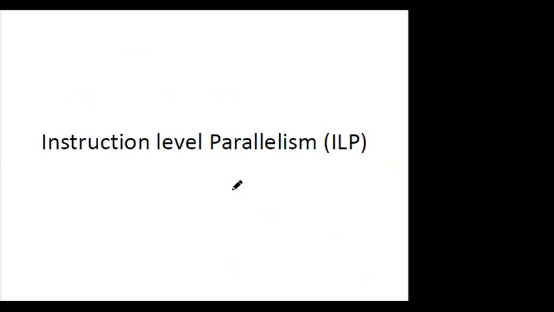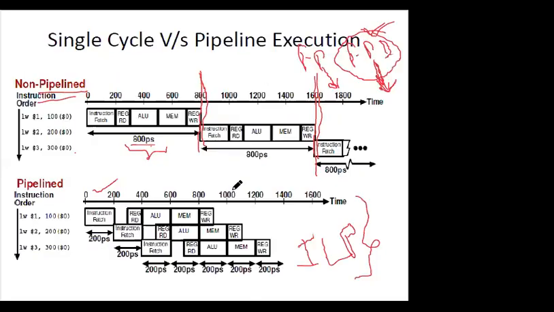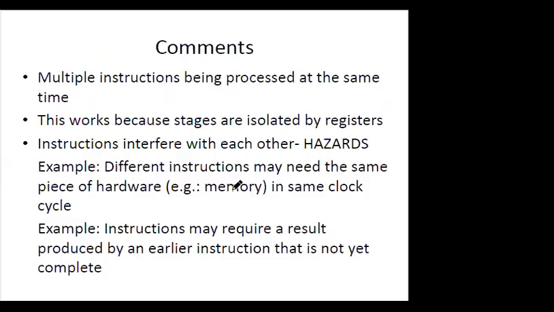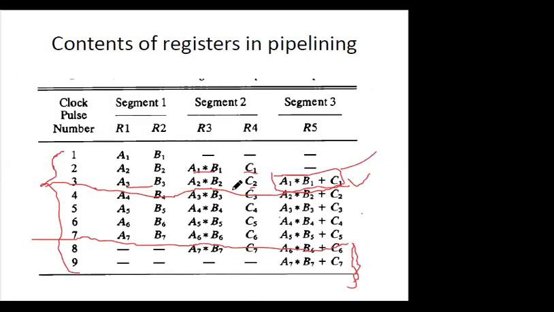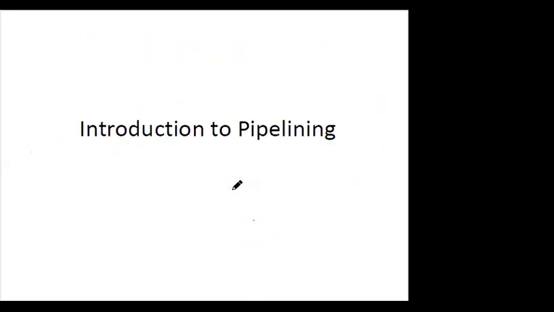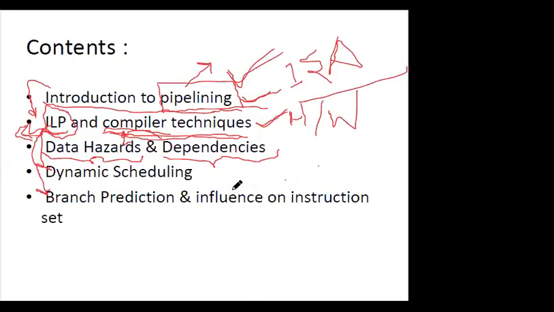So instruction level parallelism is nothing but an implementation of the concept of pipelining in our system architecture to carry out instructions simultaneously on a processor and to reduce the time taken to execute a particular cycle of process. In the next lecture, we will discuss instruction level parallelism, ILP. We'll start with the concept of ILP, data hazards and dependencies.